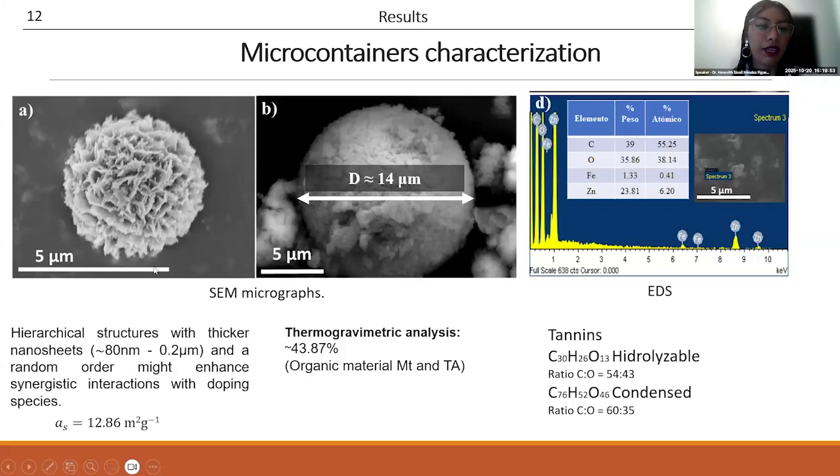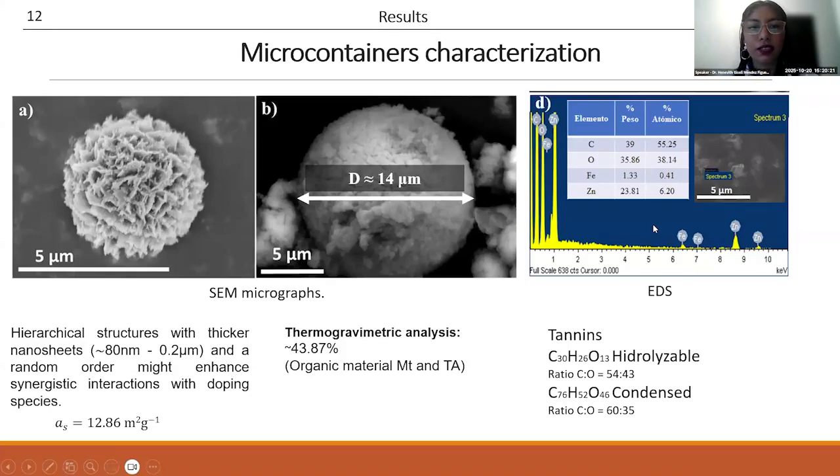Then with the BET analysis, we confirmed mesoporosity and a specific surface area of about 13 square meters per gram, which is lower than expected, but with sufficient voids to store around 40% of the inhibitor, as the thermogravimetric analysis showed.